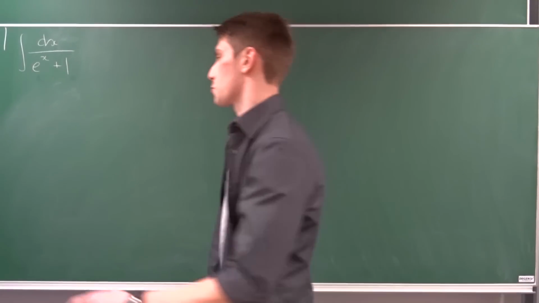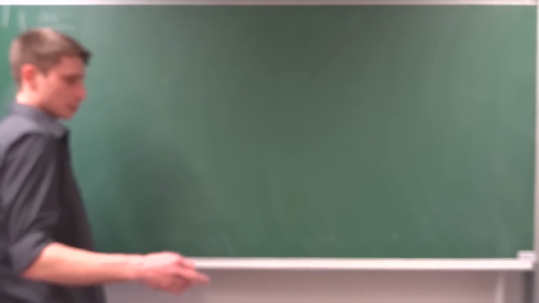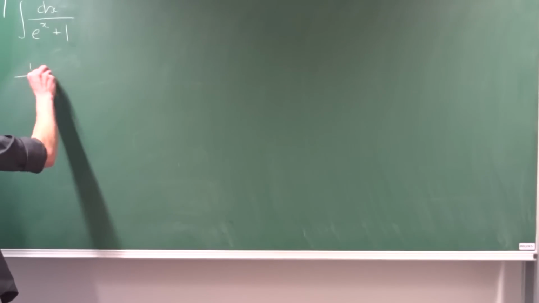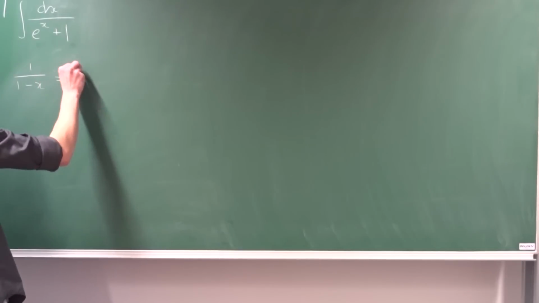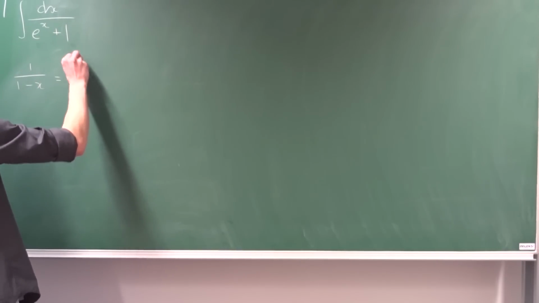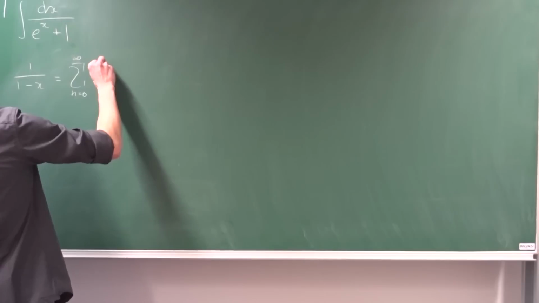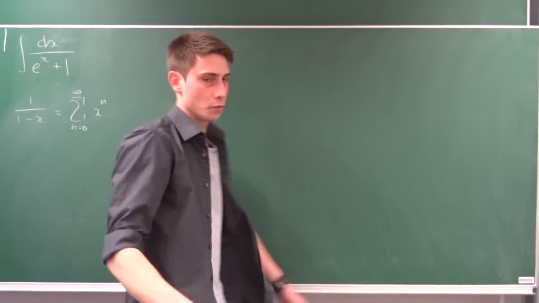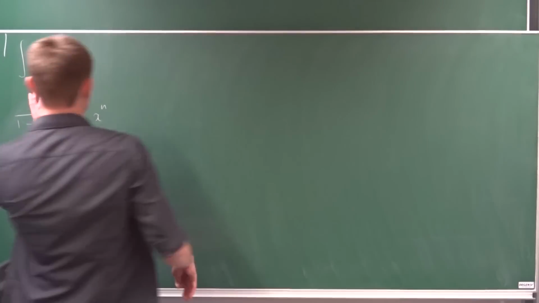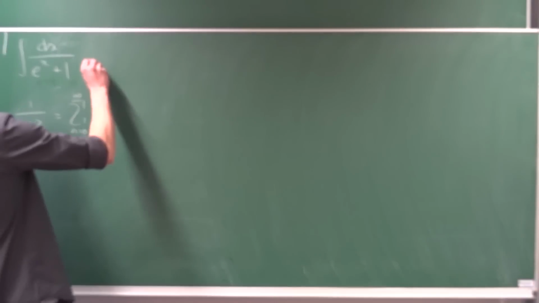So at first, let's remember what the geometric series looks like. We get 1 over 1 minus x is equal to the sum from n equals 0 to infinity of x to the nth power. This is the geometric series, and we can manipulate it to look like that.